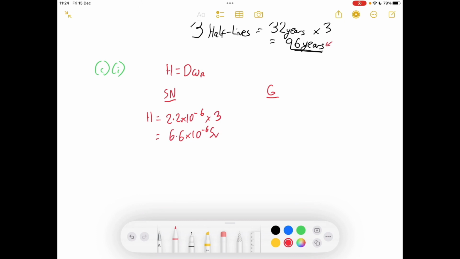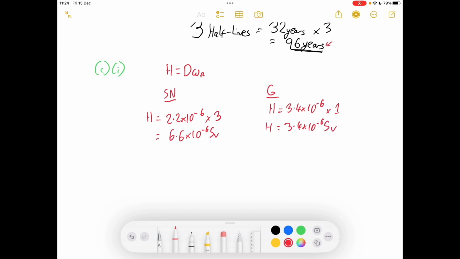You're going to do the same for gamma radiation. H equals, this time it was 3.4 times 10 to the minus 6, micro. But for gamma, the radiation weighting factor is just 1. So H is just going to be 3.4 times 10 to the minus 6 sieverts.